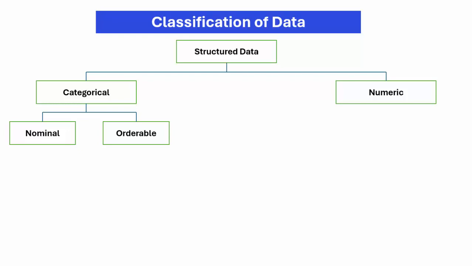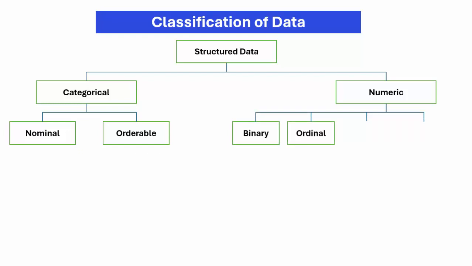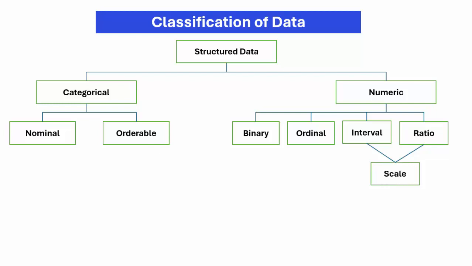And numeric data we have divided in four parts. Number one is binary data, second is ordinal data, third one is interval data, fourth one is ratio data. Interval and ratio both are scale, and we say it is a scale. And again we have divided this in two parts, that is discrete and continuous data.